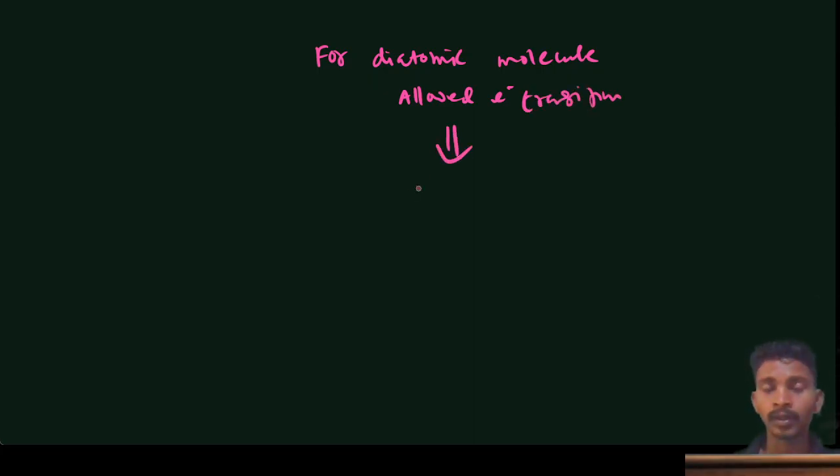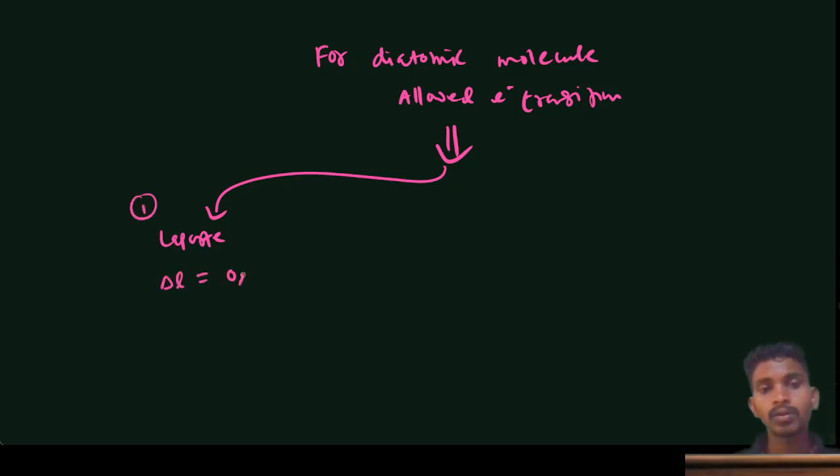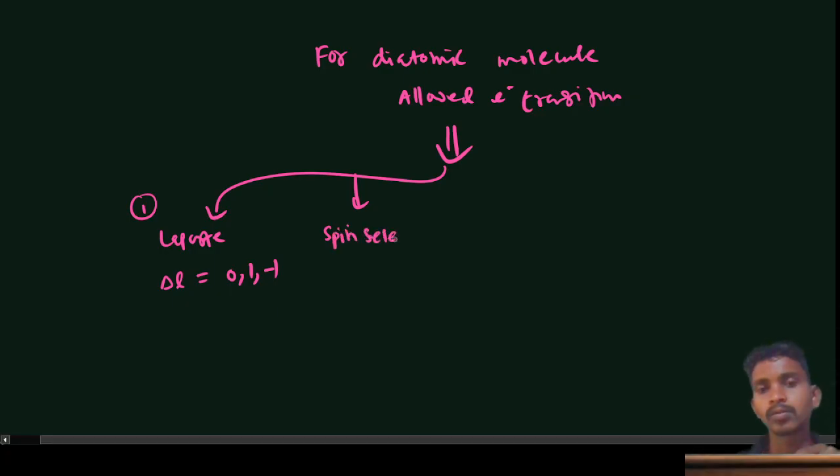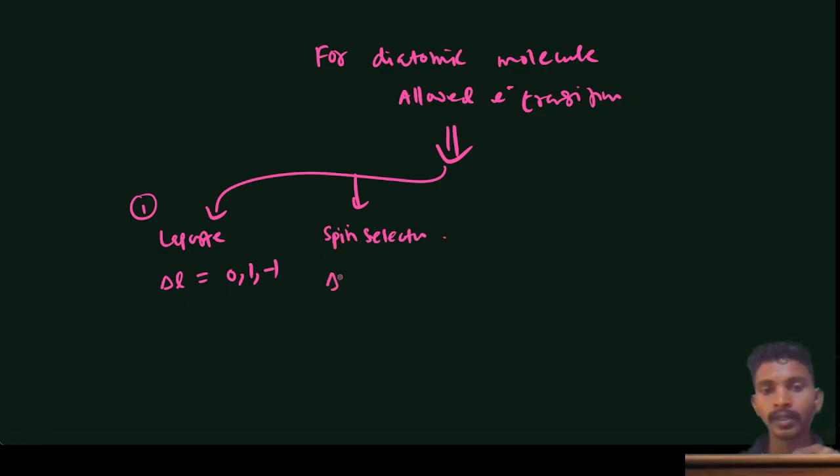What are they? The first condition is the Laporte rule, that is delta L should be 0, 1 and minus 1. The second condition is the spin selection rule, that is delta S has to be 0.